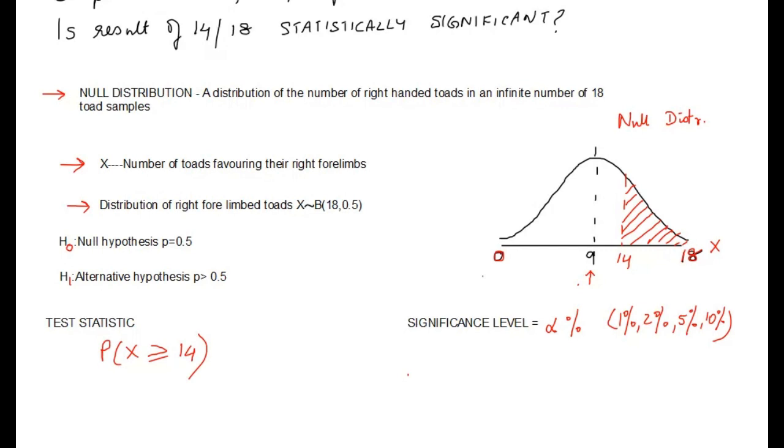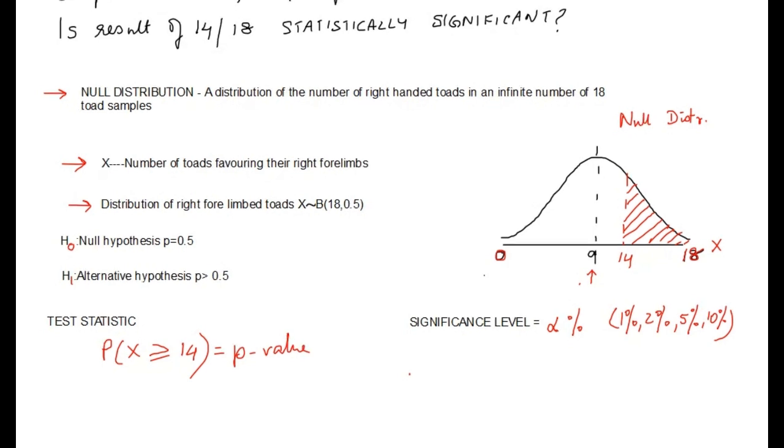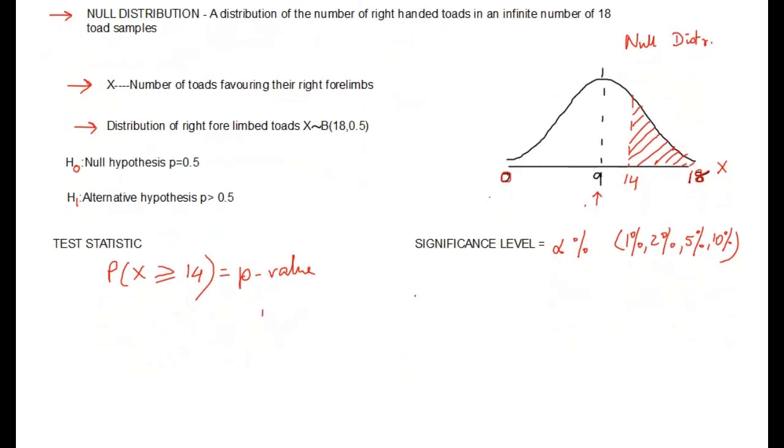Okay, so this probability that we calculate is called the p-value. And if the p-value is greater than alpha, then we keep the null hypothesis. We'll say, you know what, it's easy to get 14 out of 18.